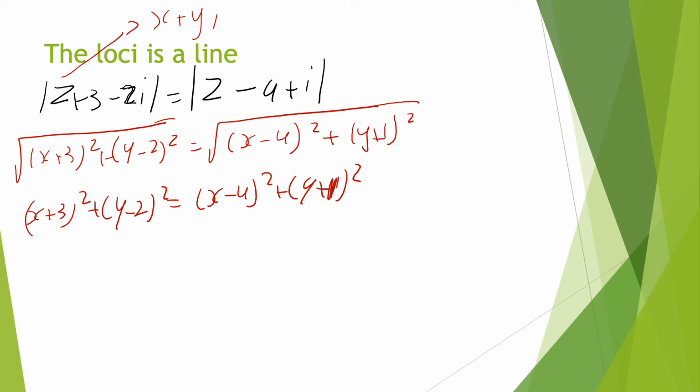That's one. Now you expand and simplify. So when expanding, plus 9, then you're expanding this one here, then equal, expanding that.